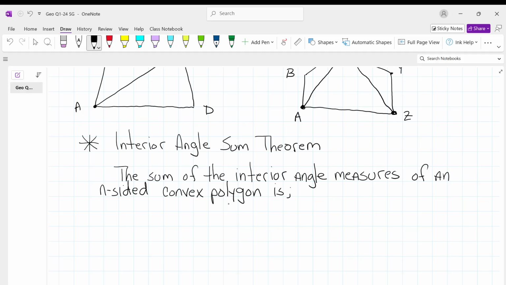is the formula to find out the sum of all the interior angles of a shape, convex shape, is n minus 2 times 180, where n is the number of sides.